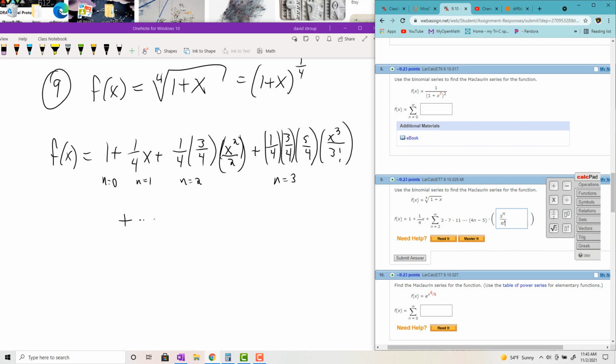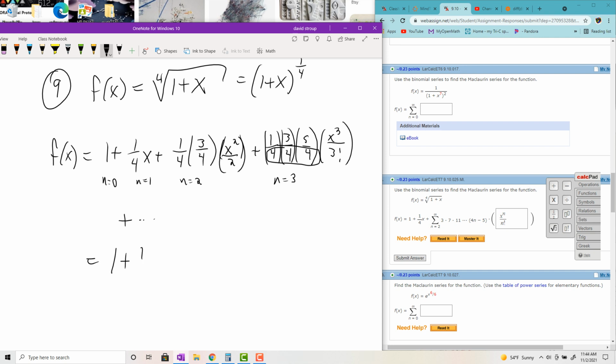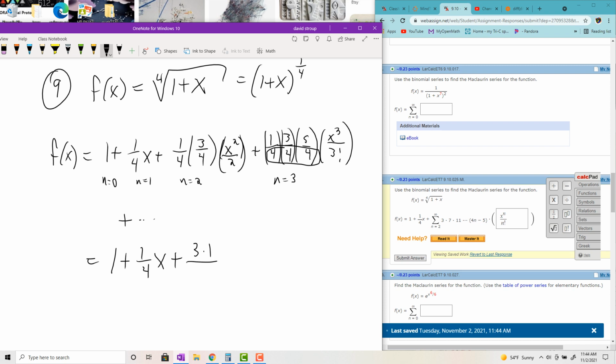Okay, because they didn't give you the 4 though, so there's some 4's in here. If you rewrote it, it would be 1 plus 1/4 x plus 3 times 1 all over 4 squared. The way their summation notation looks, they're writing it basically 1 times 3, so 1 times 3 times 1 all over 4.